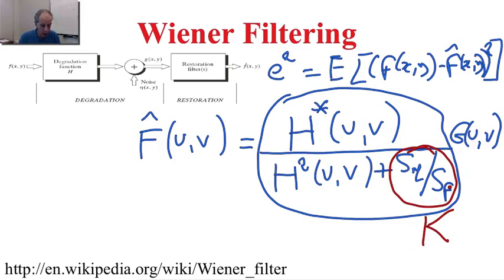I basically go and replace this by a constant. And then all I have to estimate is one number, assuming, of course, that I have already estimated the degradation, basically the operation that produced the degradation, like the Gaussian or like the filter that produces motion blur. So very simple operation, a very simple filter with only one unknown that can be estimated in a number of ways, but we're not going to discuss that now. It's basically similar to the way that we needed to estimate the variance of the Gaussian or how much motion blur there is in an image.